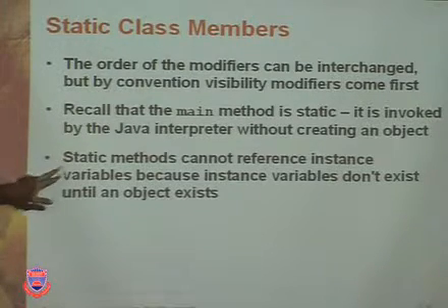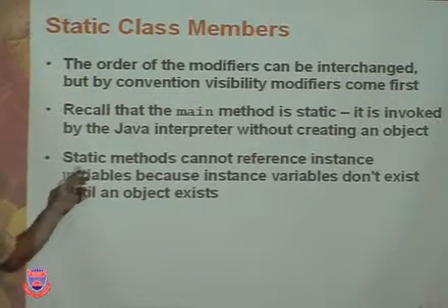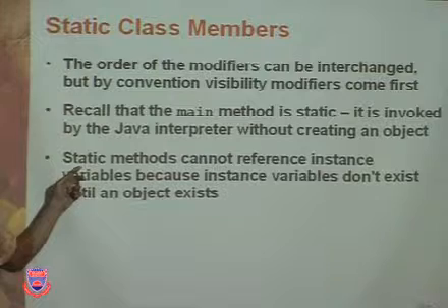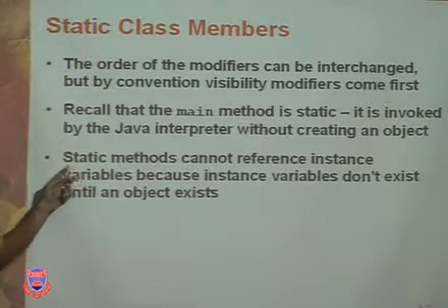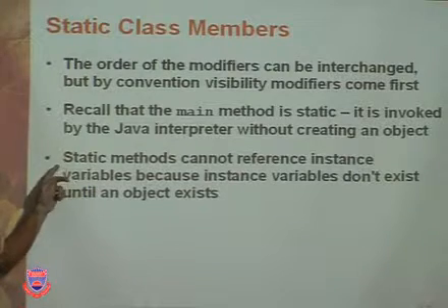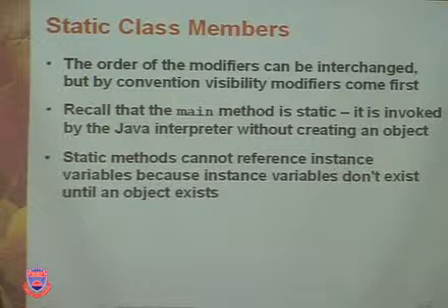And static methods cannot reference instance variables. Why can't we reference the instance variables in the static methods? In a static method, I'm not supposed to use any instance variables, because they're not dependent on the instances or the objects, right?